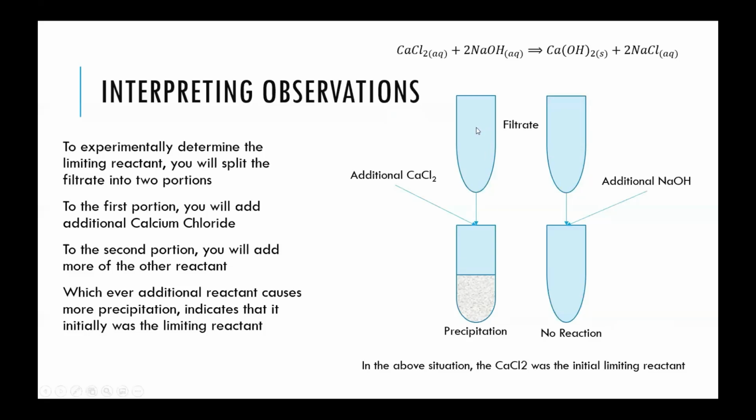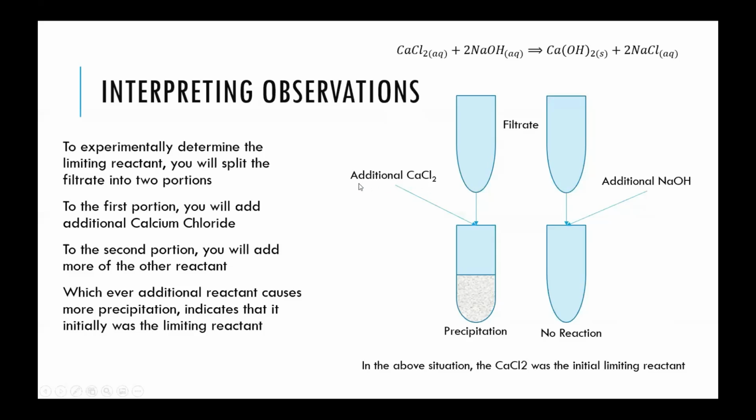To each of these two portions, you're going to add one of the reactants. In this setup on the slide, if you have some of the filtrate and you add additional sodium hydroxide and nothing happens, that means there is no calcium chloride in there for the sodium hydroxide to react with.